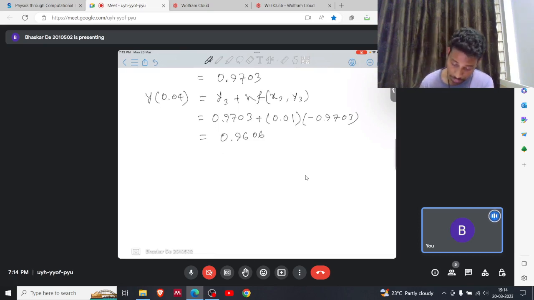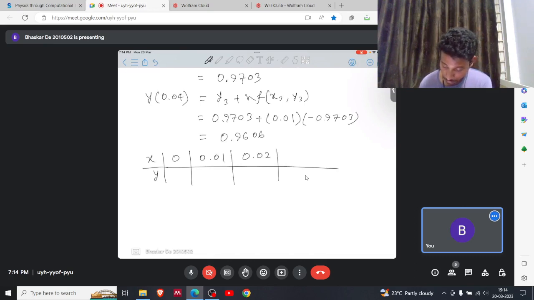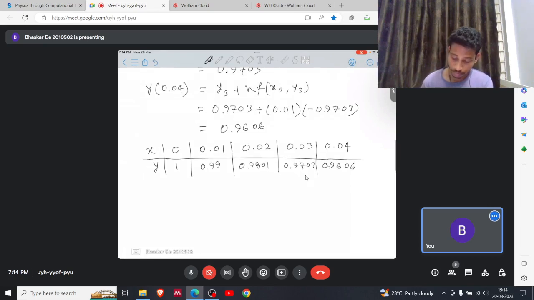So basically we get a table of x and y: 1, 0.99, 0.9801, 0.9703, 0.9606. So this is the way to use the Euler method.